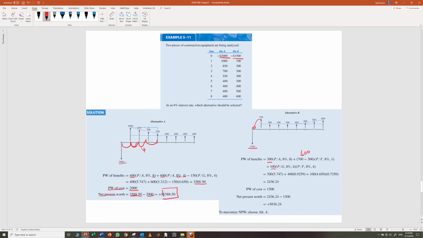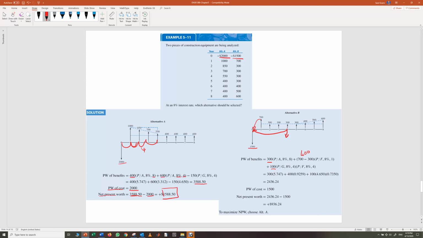And this value, be careful, the gradient will be reported here, so we have to report it also to the present value. There are 4 years, so that's why we use this to calculate the gradient, and after that this to transform it to the present value. So it's P, looking for P given F, 8%, 4 years.